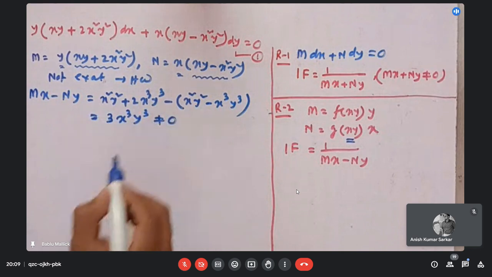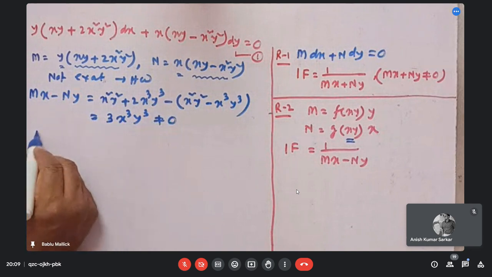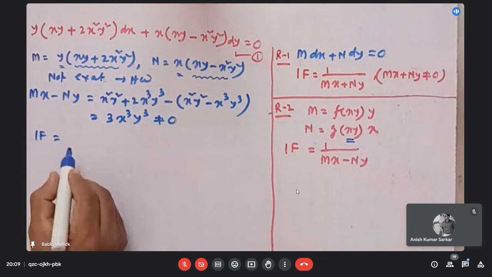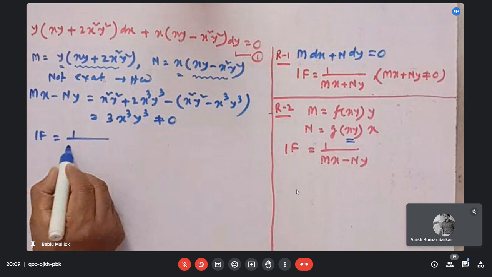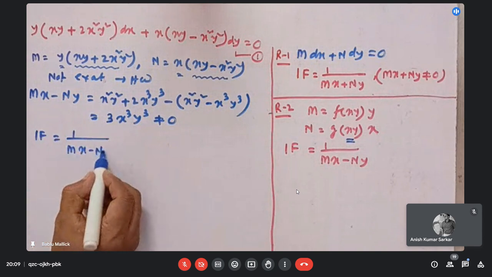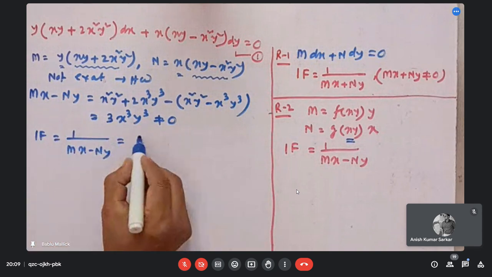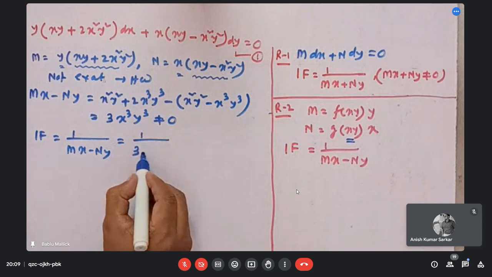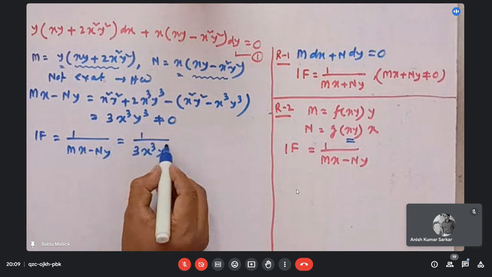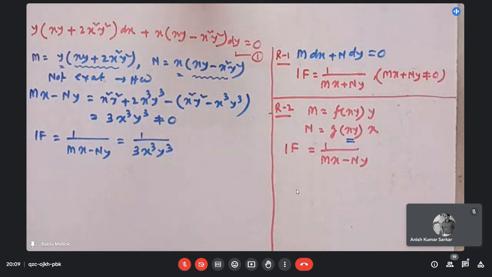This is not equal to 0. So the integrating factor is 1 by (Mx − Ny), that is 1 by 3x³y³.